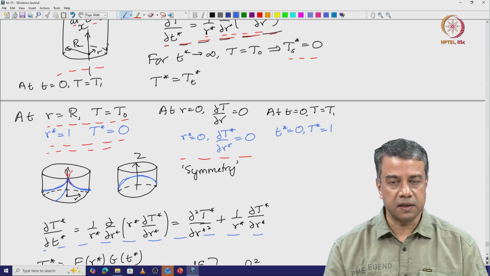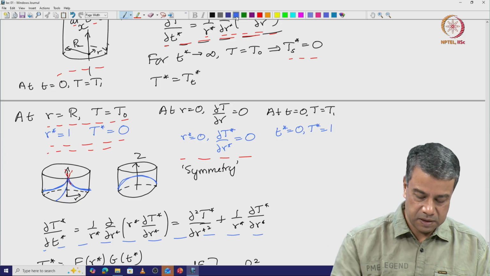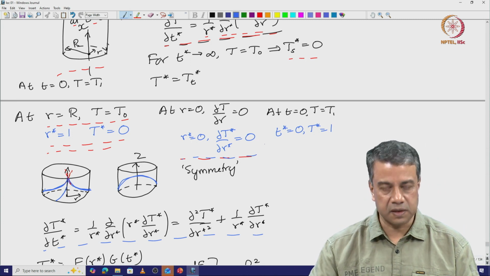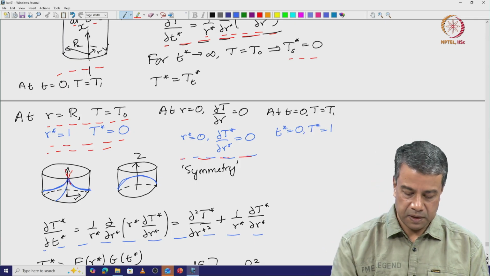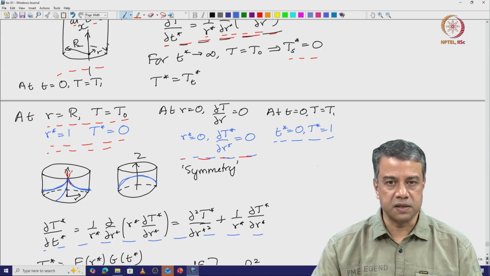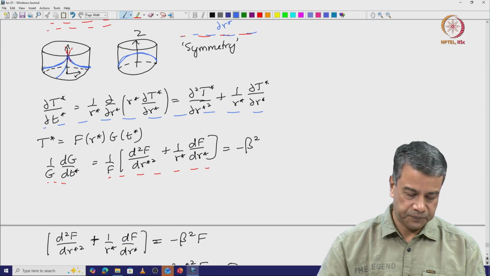Therefore, you require that the gradient be 0 at the axis as shown in this symmetry condition at the origin. And at initial time, the condition is that T is equal to T1, or T star is equal to 1 throughout the domain.